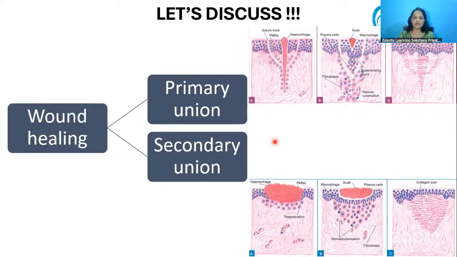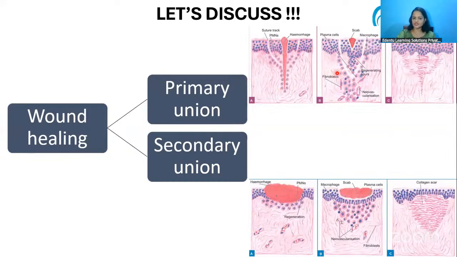In primary union, if you look at the characteristics of the wound, it will be a very clean and not infected wound. The loss of tissue and the loss of cells is very minimal, and you will be able to approximate the edges of the wound with the help of a suture.